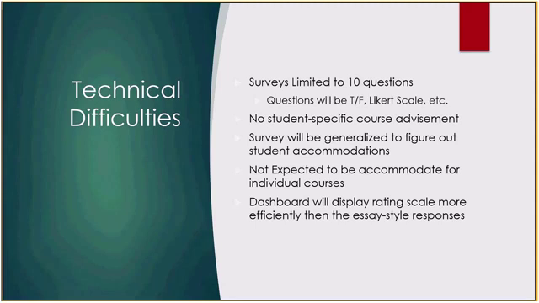We generalize it to figure out student accommodation, so it's generalized to figure out the evaluation of a particular key important area about the student, not expected to be accommodated for individual courses. As I said, it's not going to be specific to a certain course because we would look at the general area of UW's students. And the last point is that the dashboard will display the rating scale more efficiently than the essay-style responses.